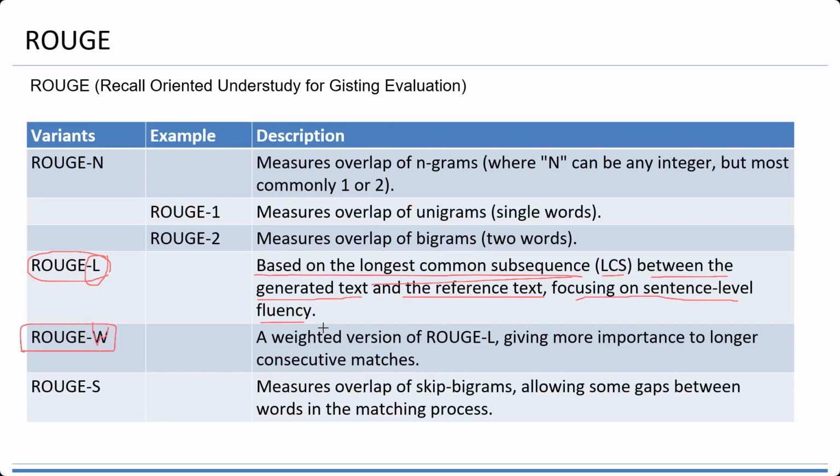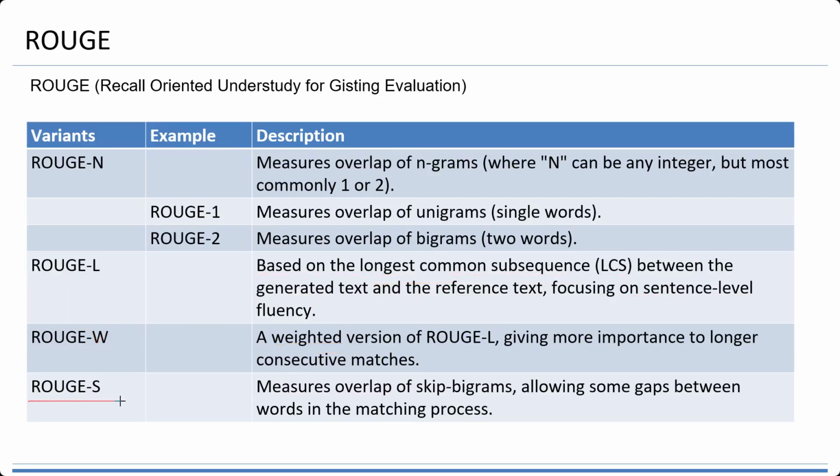W means weighted. We have a weight for the ROUGE-L, giving more importance to longer consecutive matches. If the reference text is longer and the summary text matches it with the same longer run, then we give higher weights.